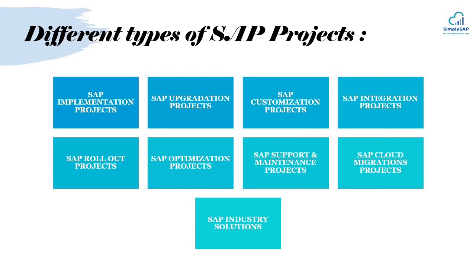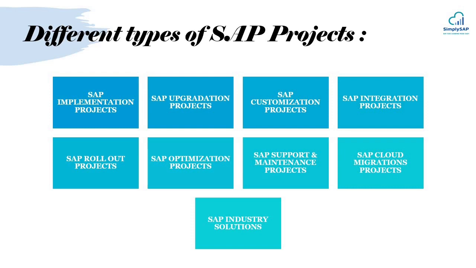These solutions are used by organizations to manage various aspects of their operations, such as finance, sales, procurement, manufacturing, and human resources. An SAP project encompasses a variety of initiatives aimed at implementing, customizing, or enhancing SAP software to meet specific business needs.